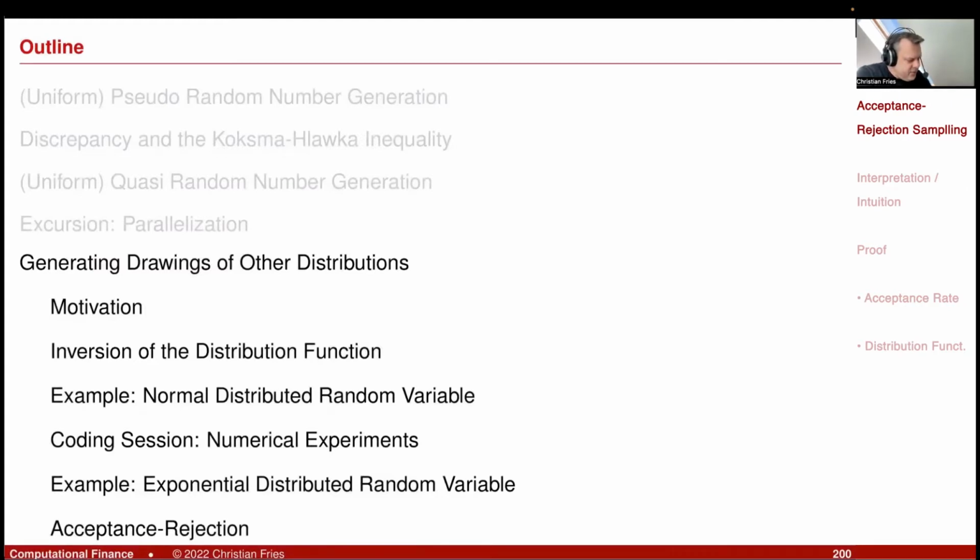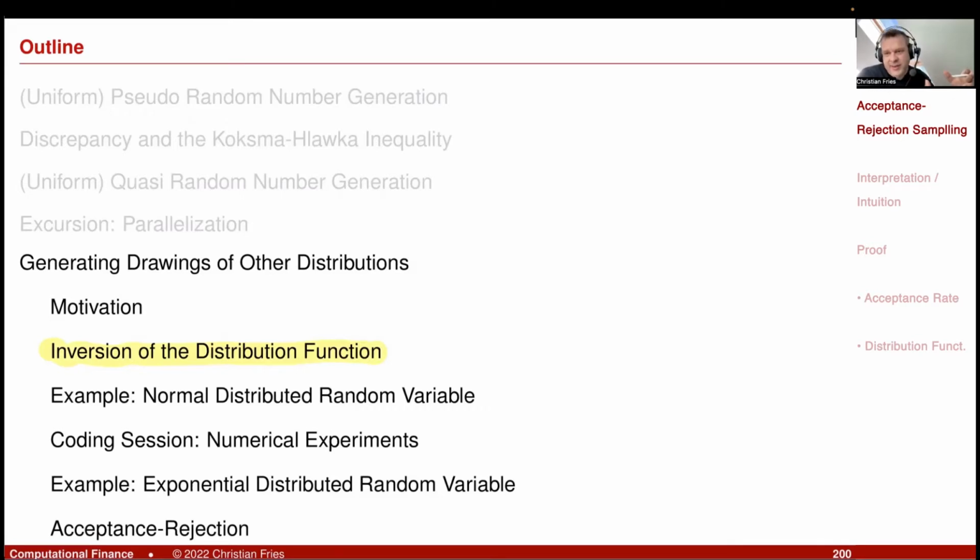The most popular method is indeed the inversion of the distribution function, but you already saw that this relies on having a formula for the inverse of the distribution function, or maybe a good approximation. And sometimes you do not have this, but you have other things.